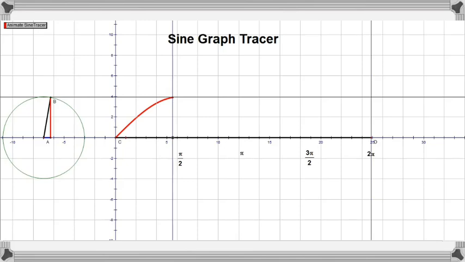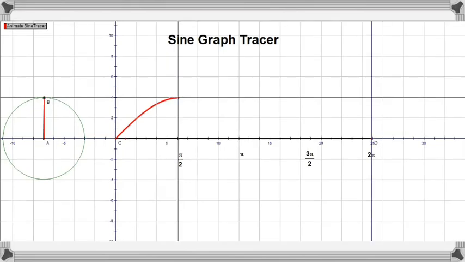Now we've almost reached the zenith there, or the highest point there, where the red vertical line in that triangle in the unit circle has almost reached the length of the hypotenuse, which it will do in a moment, and that therefore would become 1 unit long, and there it is. There is the maximum value of sine, it is 1. Okay? That's how it goes.